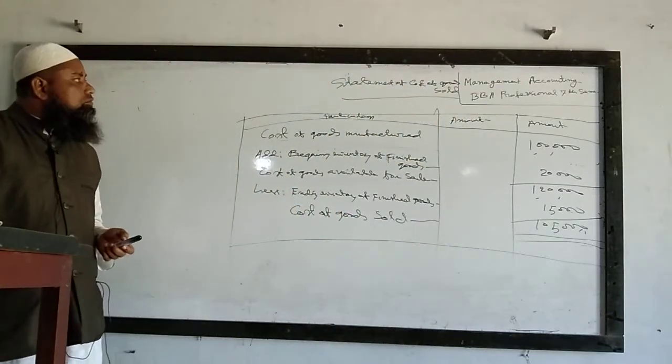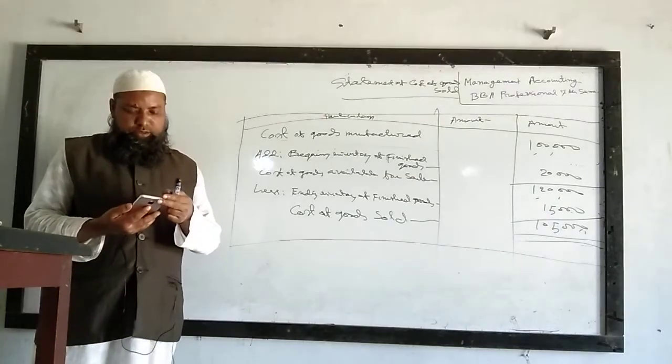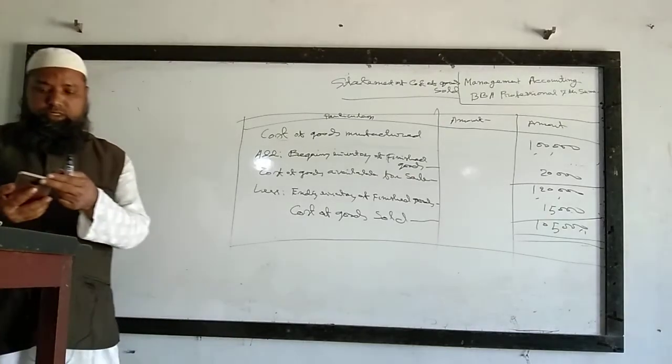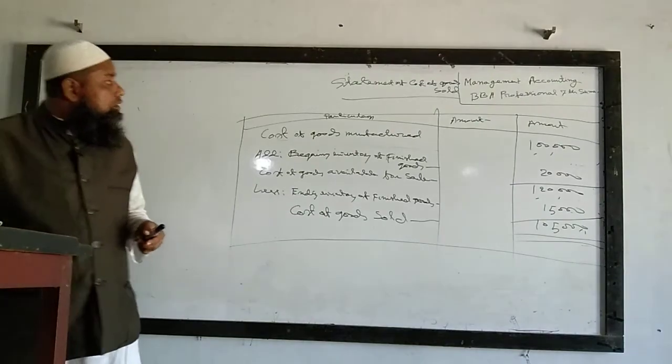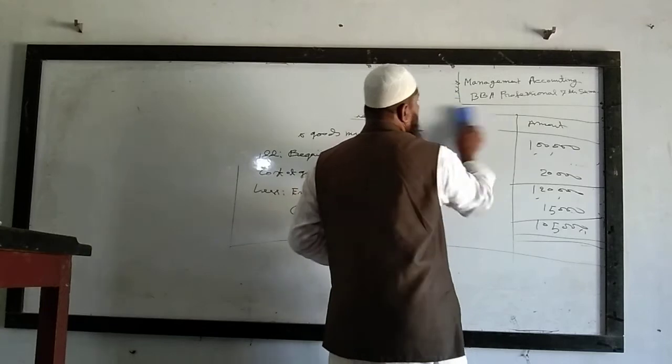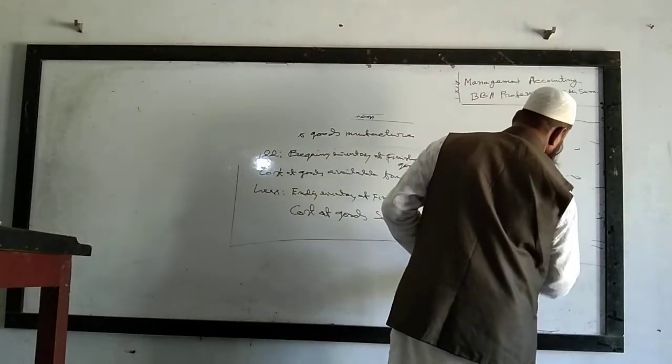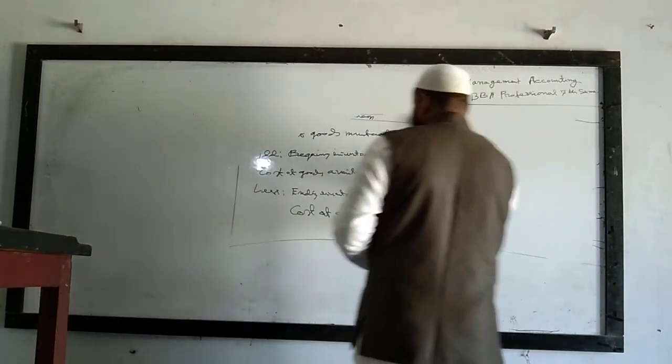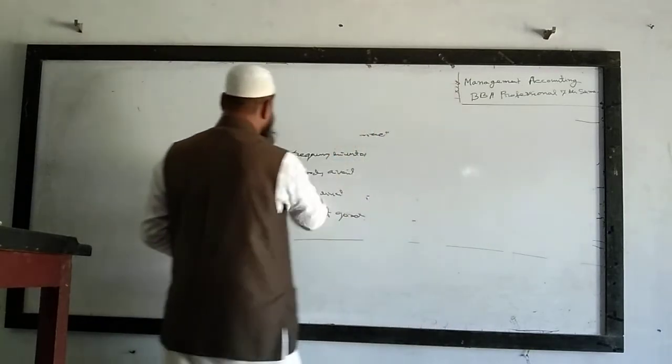Then we will prepare, how to prepare income statement. 1,05,000 is the cost of goods sold.